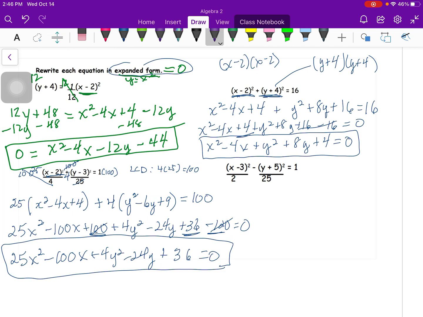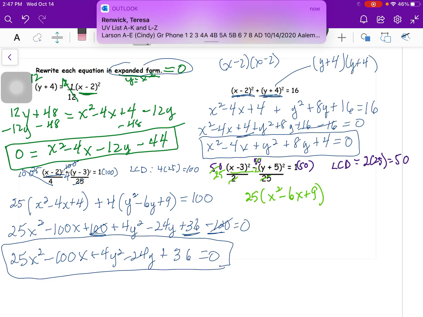And then our last one. My LCD between 2 and 25 is 50. So I'm going to multiply each fraction by 50. So here it reduces to a 25. 25 times x minus 3 squared is x squared minus 6x plus 9.